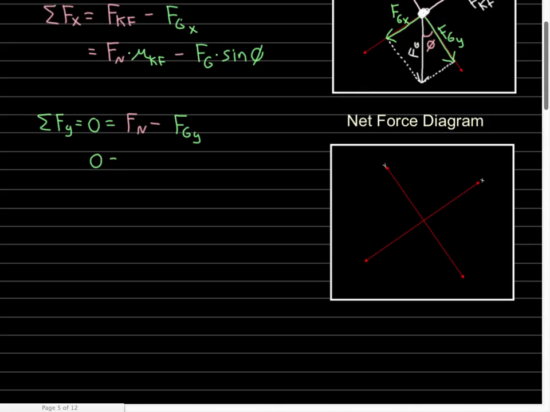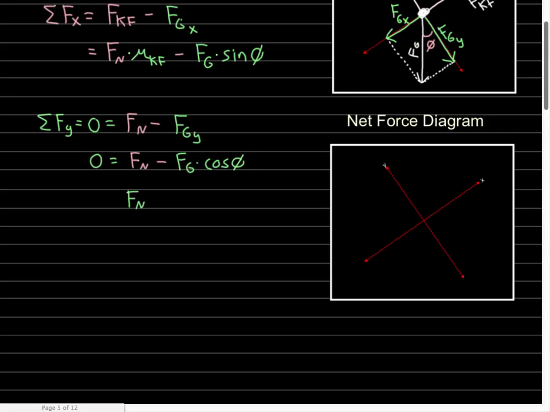Continuing this out, we have 0 equals our normal force minus Fgy, and Fgy is equal to Fg times, not the sine, but the cosine of theta. Therefore, the normal force is now known.